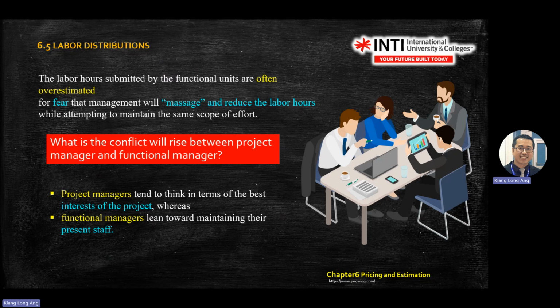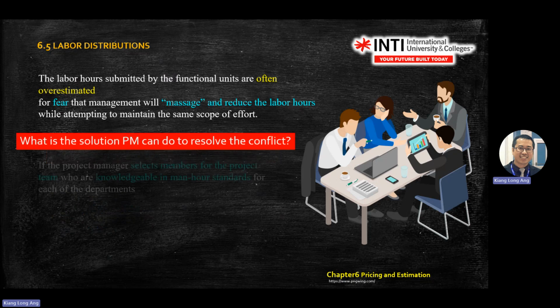Again, the keyword is communicate. Communication is important. Your project manager selects members for the project team who are knowledgeable in man-hour standards for each department. That means you select your PMO, your project management office team, and the team members know the rate of that industry.